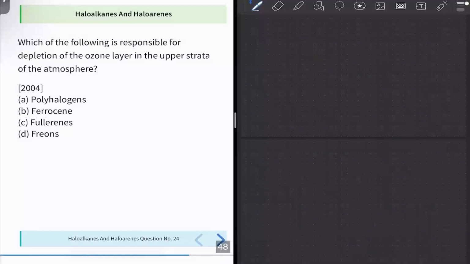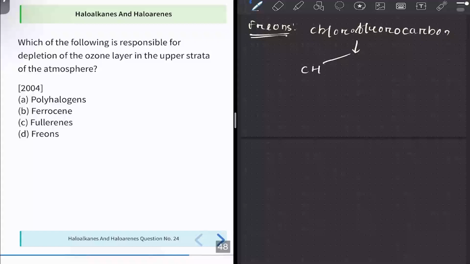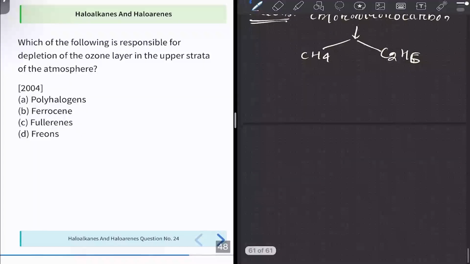But we have to know what freons are. Freons are chloro and fluoro, both will be there. Chlorine and fluorine, chlorofluorocarbon compounds of methane and ethane. In methane and ethane, if both chlorine and fluorine are present, those compounds will be called freons. Got it?